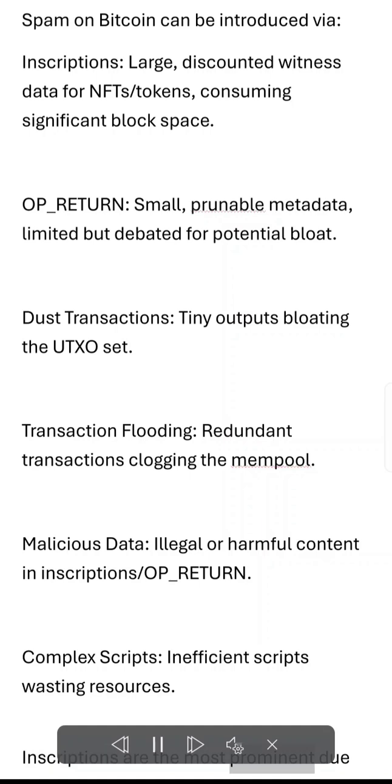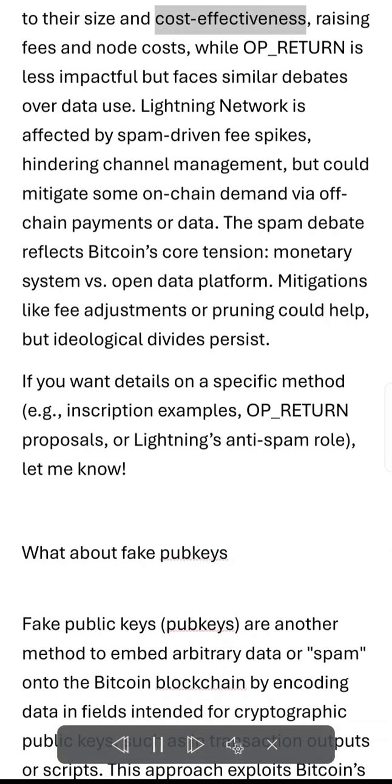Inscriptions are the most prominent due to their size and cost-effectiveness, raising fees and node costs, while OP_RETURN is less impactful but faces similar debates over data use. Lightning Network is affected by spam-driven fee spikes, hindering channel management, but could mitigate some on-chain demand via off-chain payments or data.